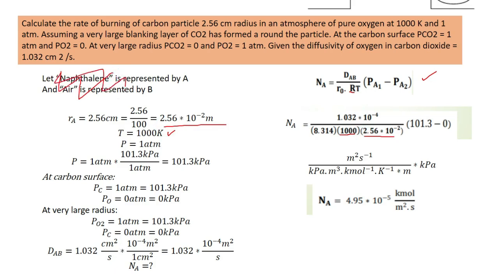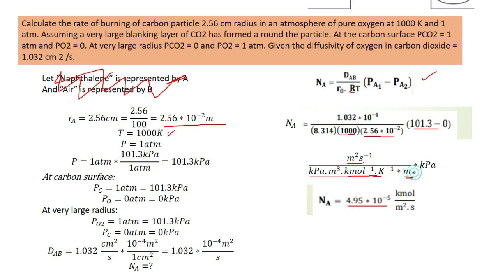Then PA1 is 101.3 minus PA2, which is 0. Just do the calculation and you will get your answer. I have written the units here as well: this is the unit of diffusivity, this is the unit of R, and this is the unit of radius.